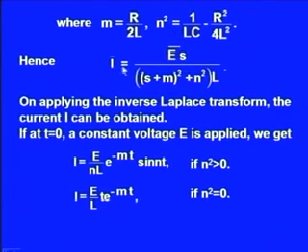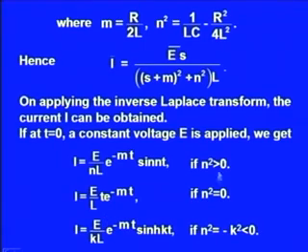So, we will have I bar equal to E bar s over s plus m whole square into L. When we take the inverse Laplace transform, we will get E bar s is equal to E. So, we will get E here, L is a constant, and then 1 over s plus m whole square. Inverse Laplace transform of 1 over s square is equal to t. So, by first shifting theorem, the inverse Laplace transform of 1 over s plus m whole square will be equal to t e to the power minus m t.